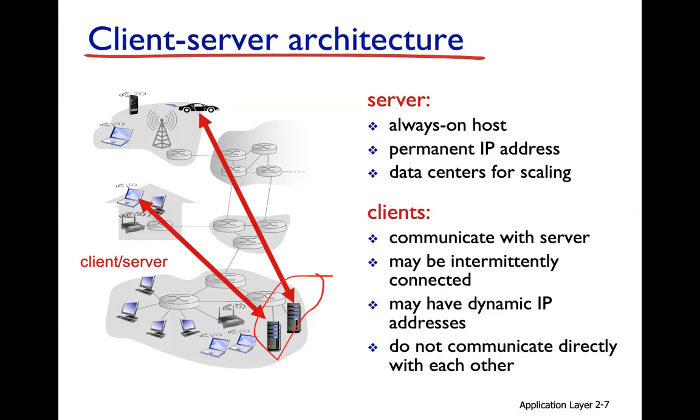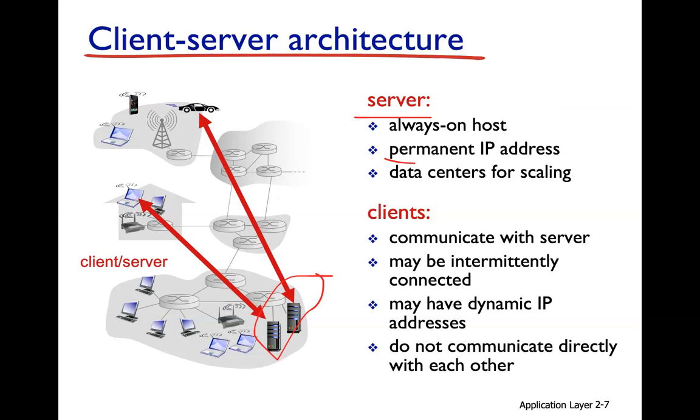So this time you may hear a little bit of crazy things, missing a little portion, but that's fine. This time we have this kind of server architecture. The server side is passive, always on host, and it has a permanent IP address.